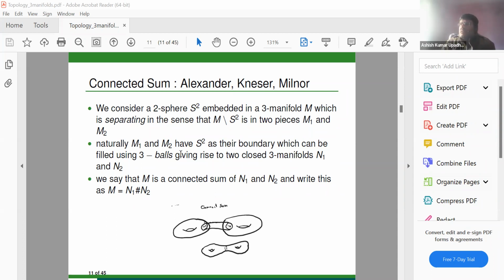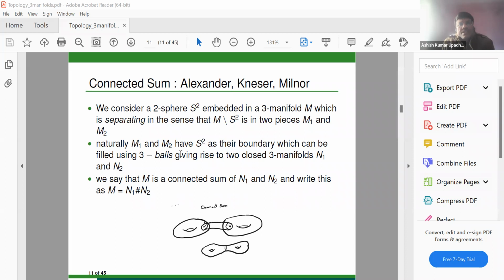So when the separating sphere is removed, we get two manifolds M1 and M2. Naturally, their boundary will be spheres, and in these spheres, we can fill balls to obtain closed manifolds, the manifolds without boundary.